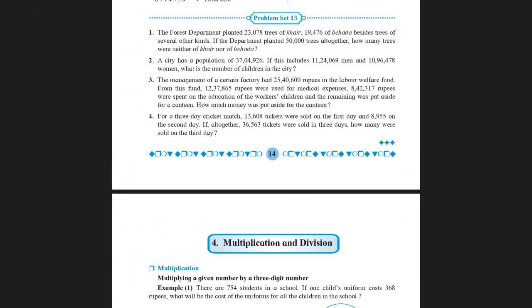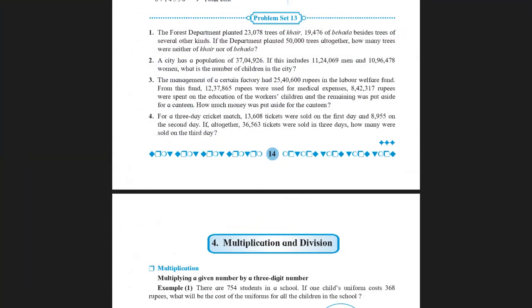13,608 tickets were sold on the first day and 8,955 on the second day. If altogether 36,563 tickets were sold in 3 days, how many were sold on the third day? So, total number of tickets which were sold in all 3 days is 36,563.